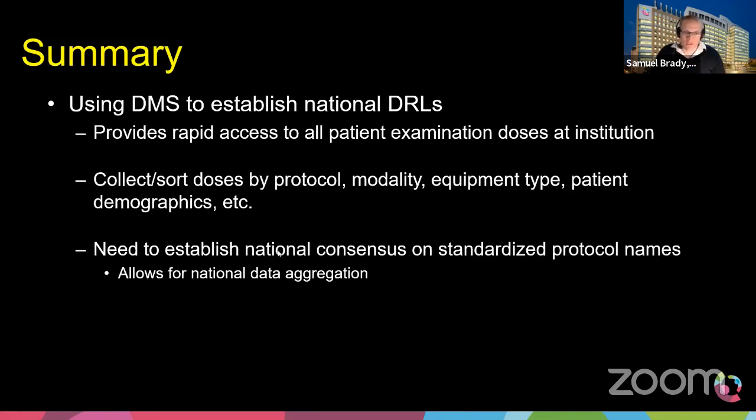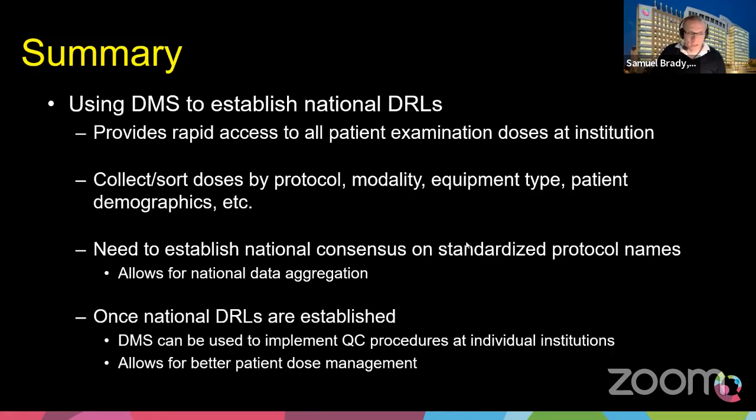It helps us to establish these national consensus standards, and it helps us to map the standardized protocol names that the DRL committee establishes. And then once we have national DRLs established, as I demonstrated in the previous slide, it begins the process of appropriate QC for our local institution to make sure we're in line nationally with other like institutions.